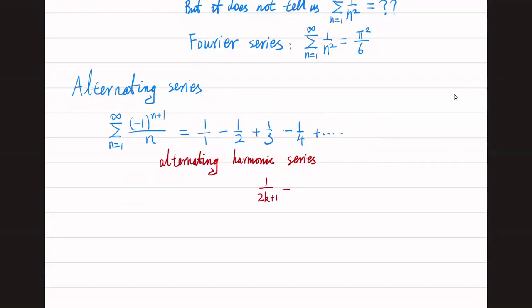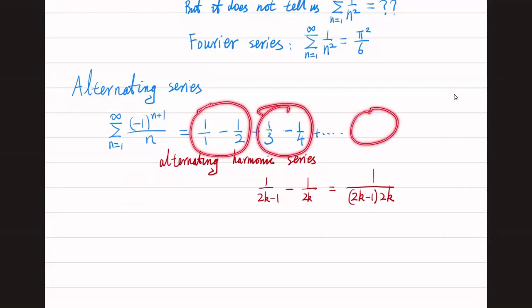Maybe minus 1 is better. If we simplify these two terms and group the neighboring two terms, it's like we're adding this series.